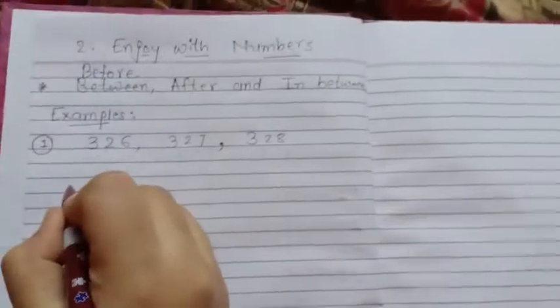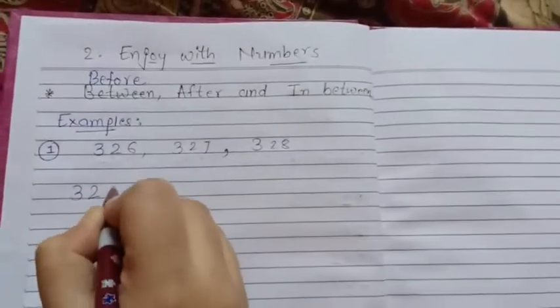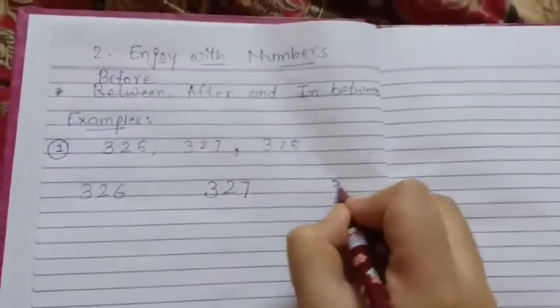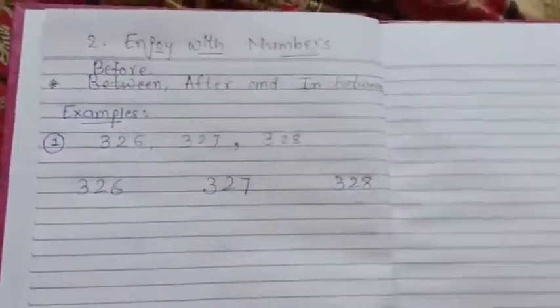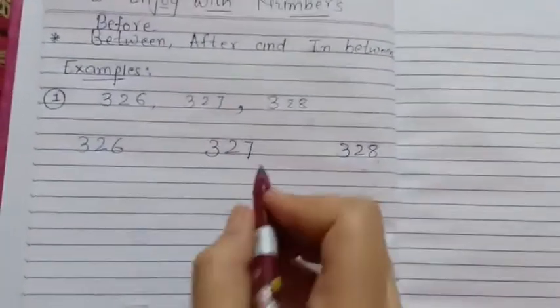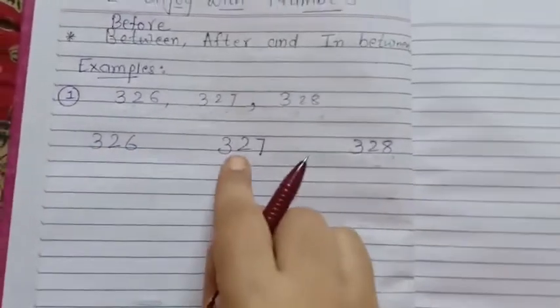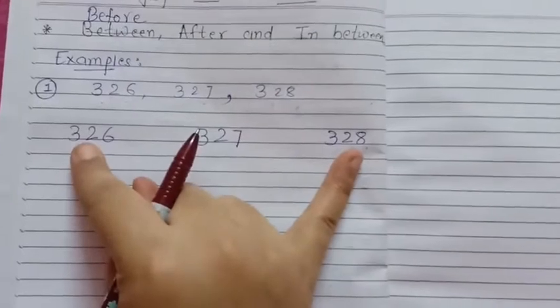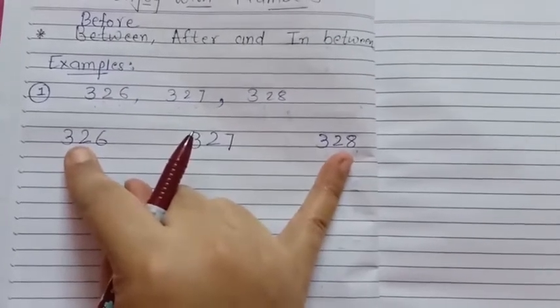So first separate the numbers 326, 327, 328. Now you can see 327 is in between 326 and 328.